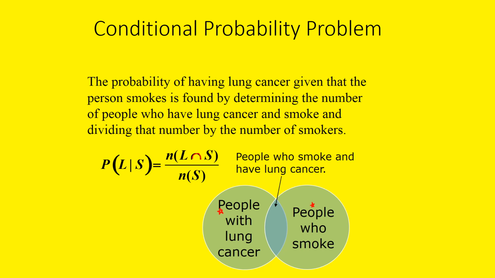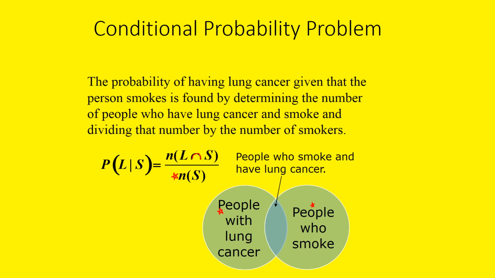But in this situation, we are concerned with just the universe of people who smoke, right? The number of smokers is the universe. It's out of that group that we're trying to determine the probability of lung cancer.